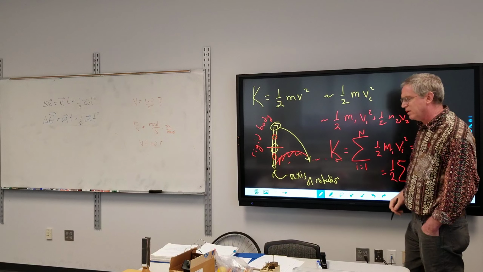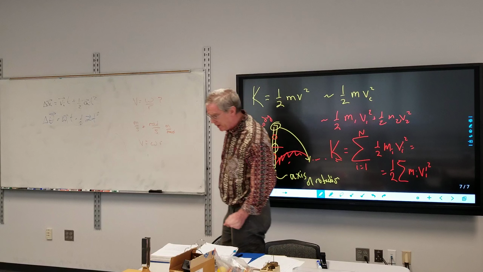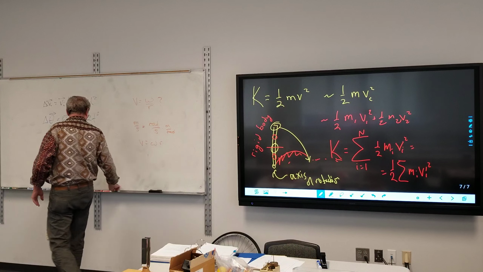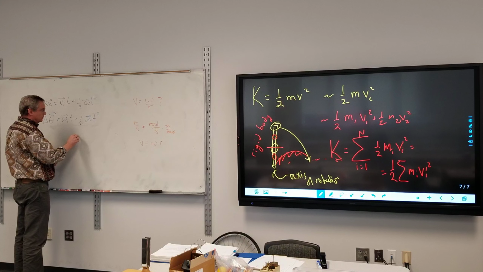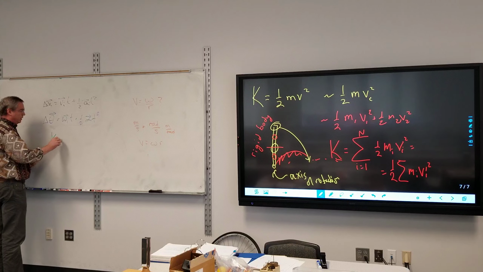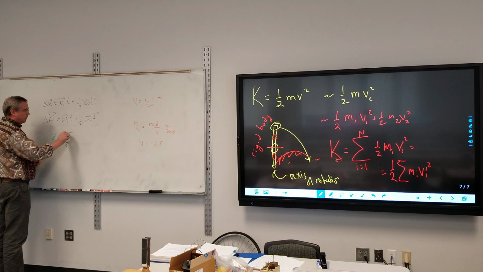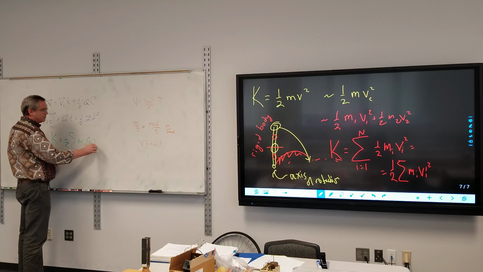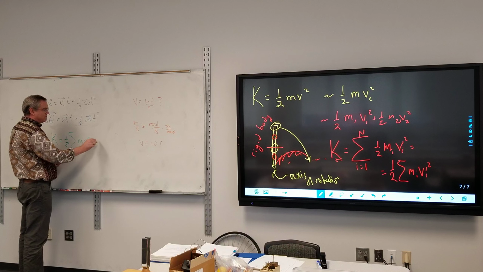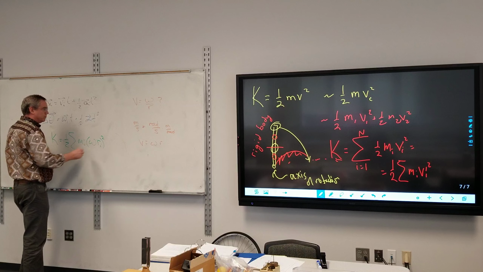So I'm going to take this, and instead of V, I'm going to put in my omega R, which actually does make life a little bit simpler. So my kinetic energy, 1/2 m sub I times omega r sub I squared.